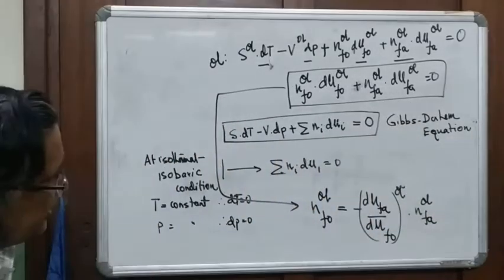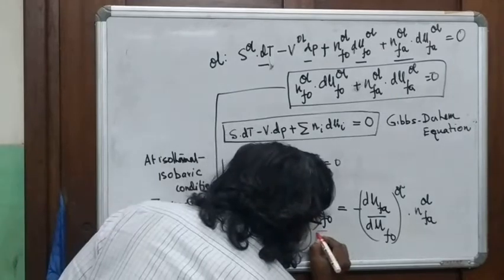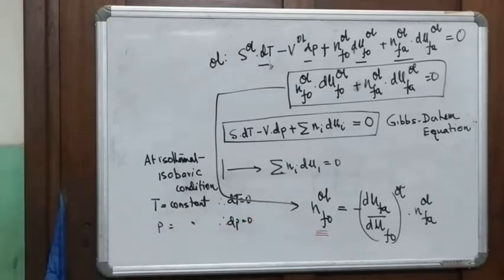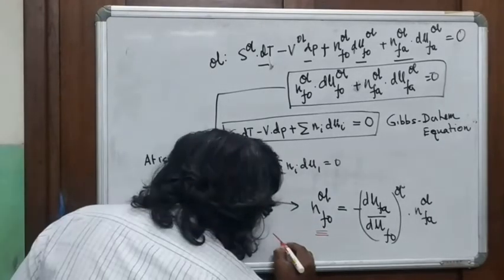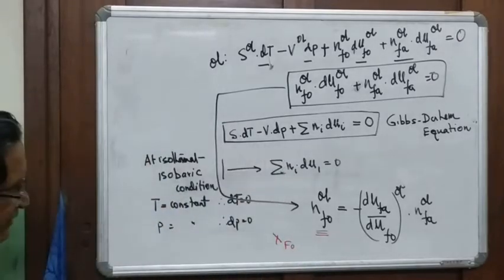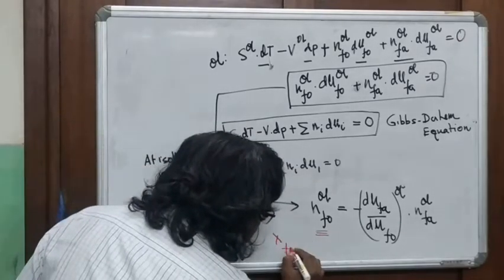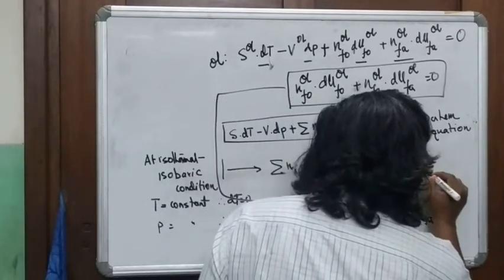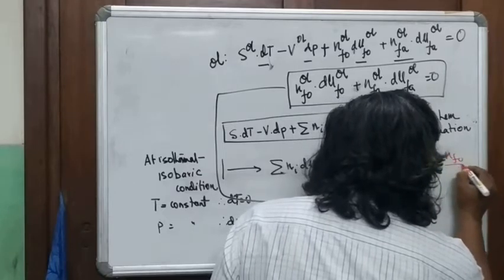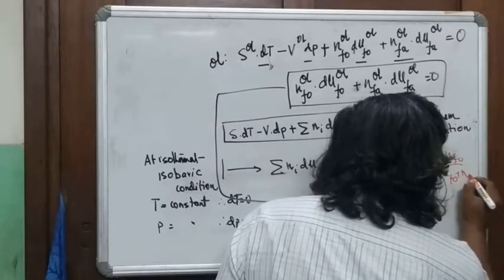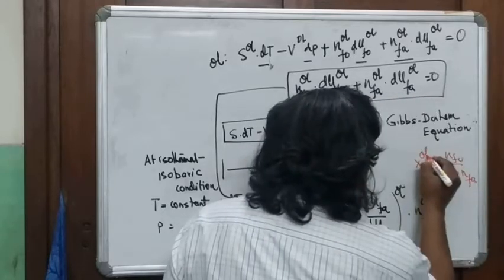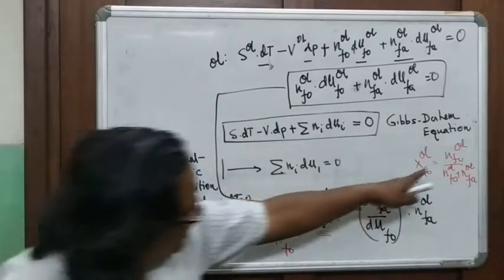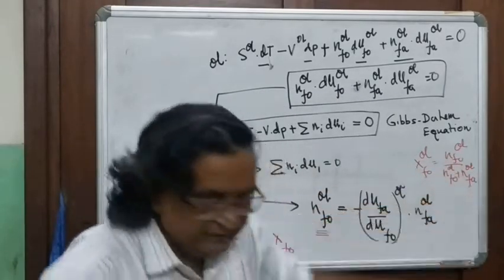It tells you that if you happen to change the number of moles of forsterite, or X forsterite, say for example, if you know N forsterite, what is X forsterite? X forsterite is equal to N forsterite divided by N forsterite plus N fayalite, right? So that is olivine, that's olivine, that's olivine, and that's olivine. So X forsterite is nothing but N forsterite divided by N forsterite plus N fayalite.